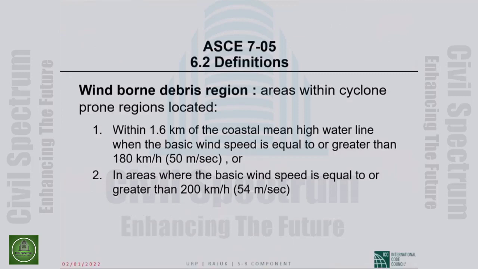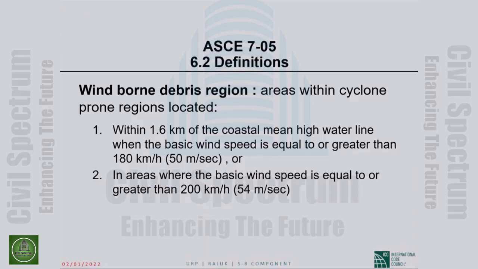Windborne debris region. Okay, so areas within cyclone prone region, that is the first thing, located where the design wind speed is more than 200 kilometers per hour, or if you're within 1 mile of the coast, then 180 kilometers per hour will put you in a windborne debris region.